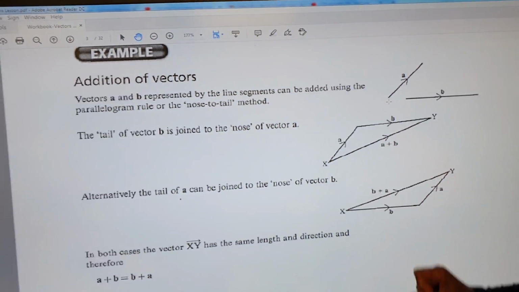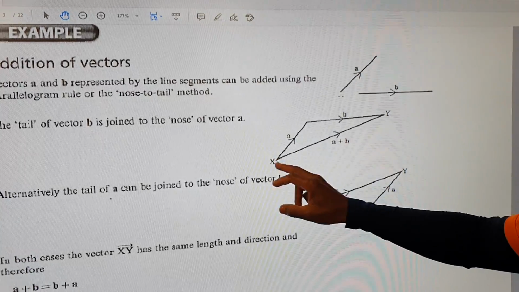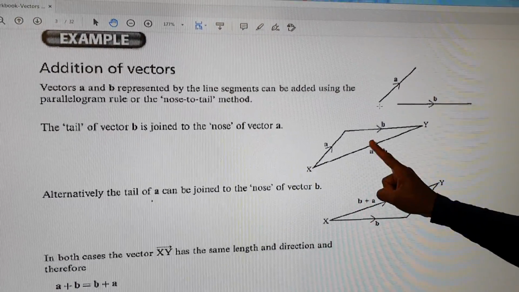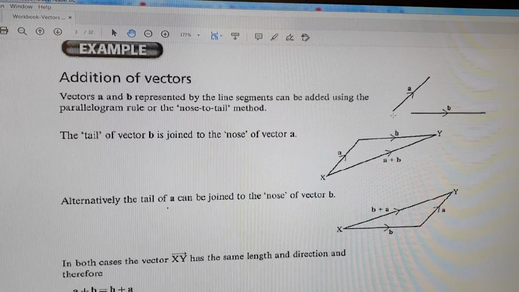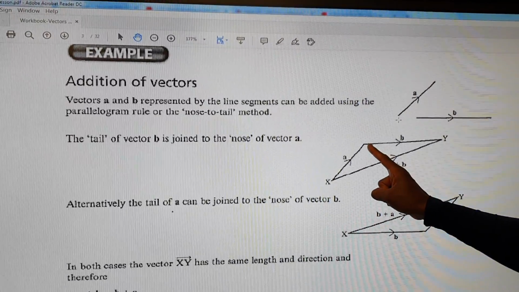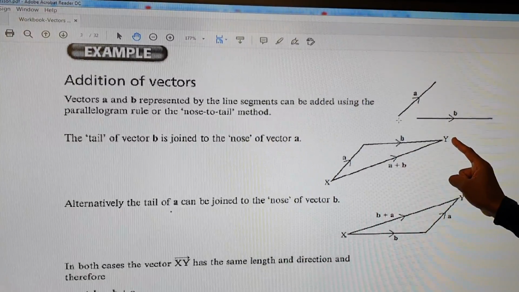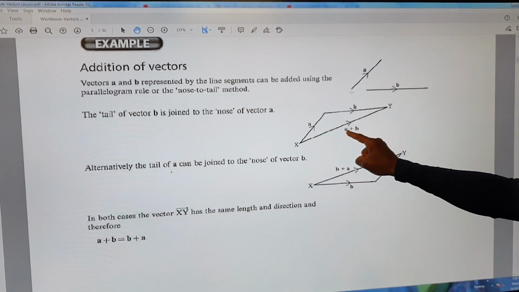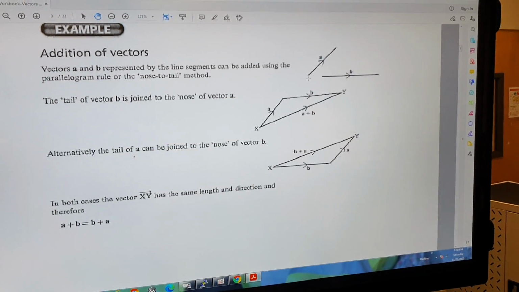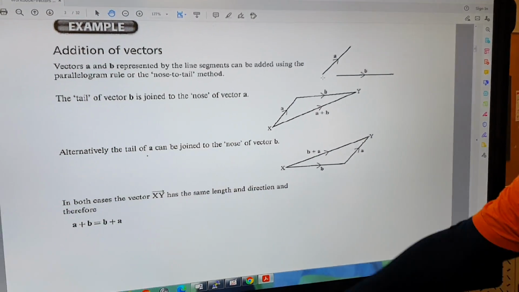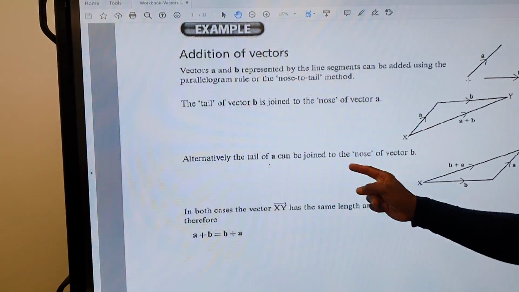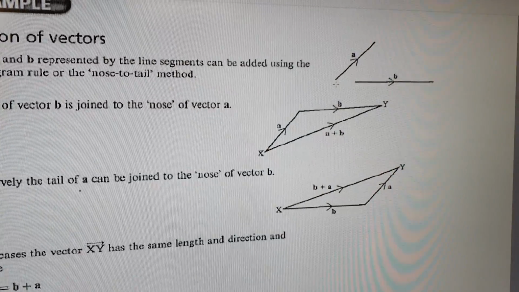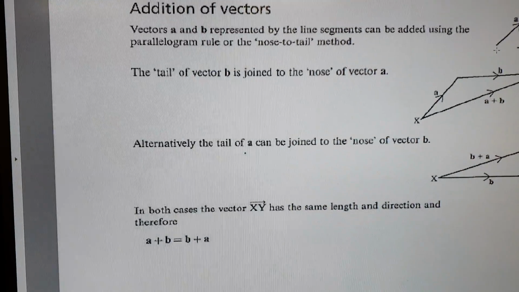So this is my vector A. As I said, tail is at X. The nose will be here. Vector B has been joined to A at its nose and goes to Y. The resultant vector is A plus B. And again, alternatively, the tail of A can be joined to the nose of vector B. So this is just a different orientation of the same thing.